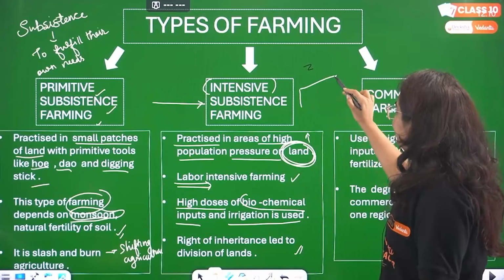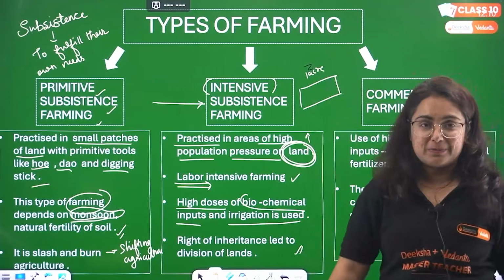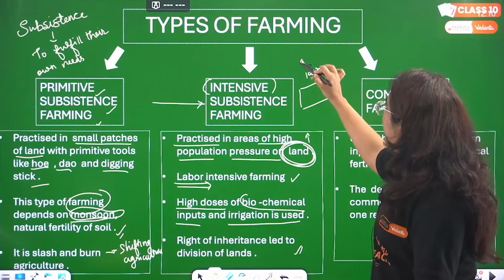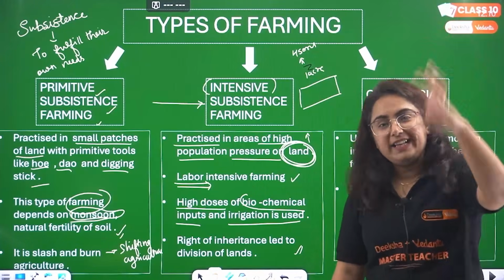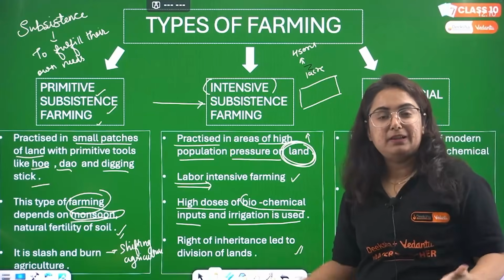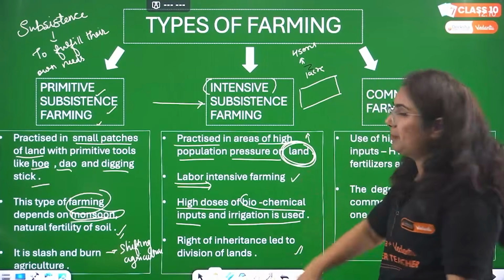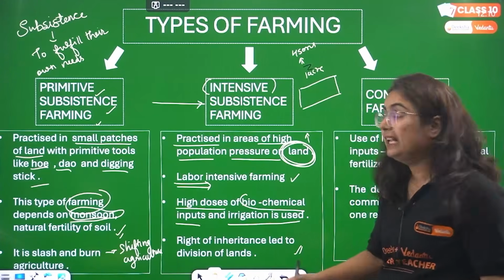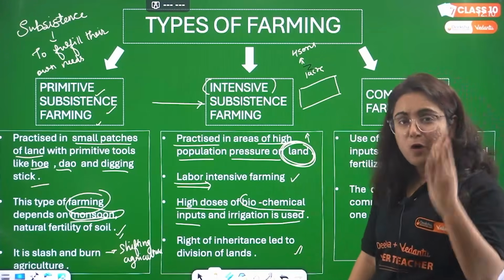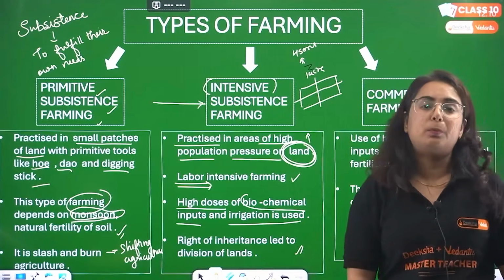So consider that this is the land of 1 acre only, of a farmer. Now this farmer has how many sons, beta? 4 sons, right? It was quite easy to buy land at that time, but now do you think that people can buy land? No. So this farmer bought the land with a very low amount, but now it is difficult, and hence because he has 4 sons, he needs to divide this land into how many parts? 4 parts.